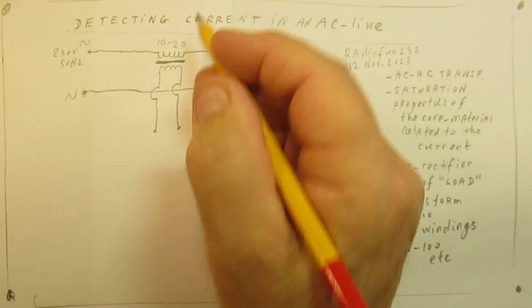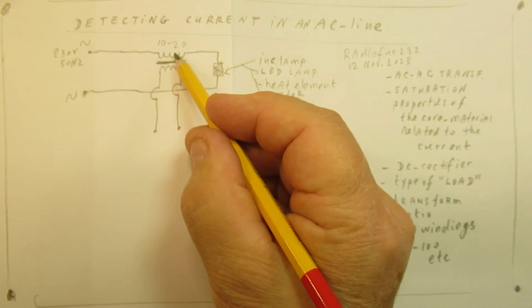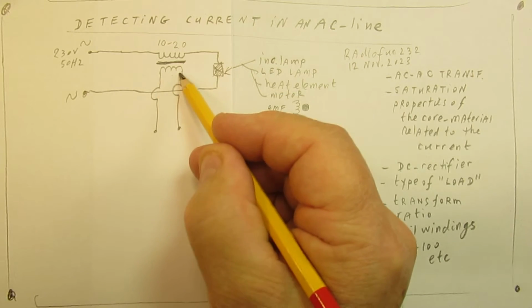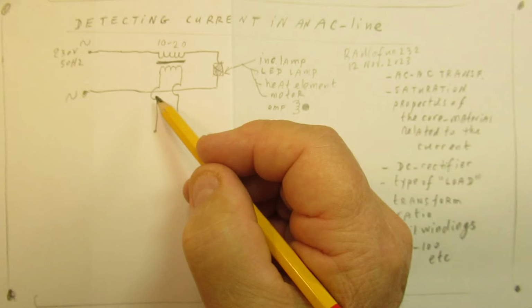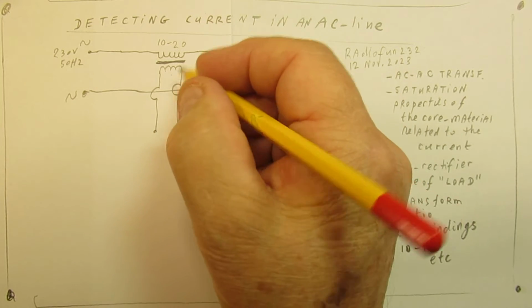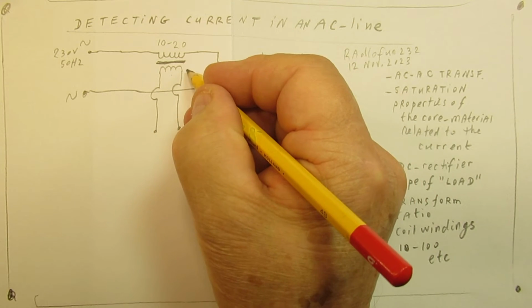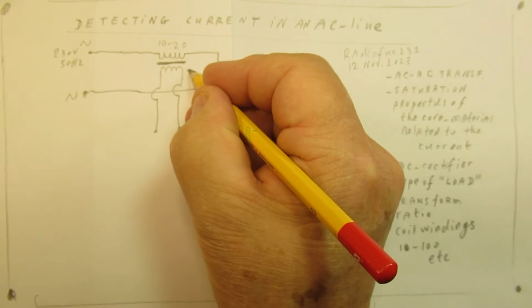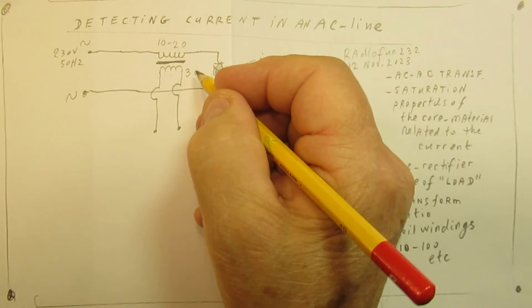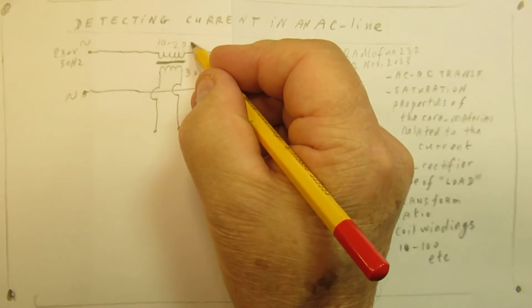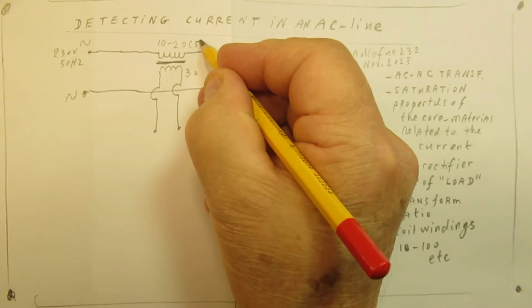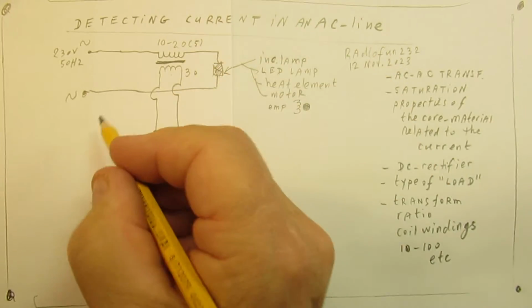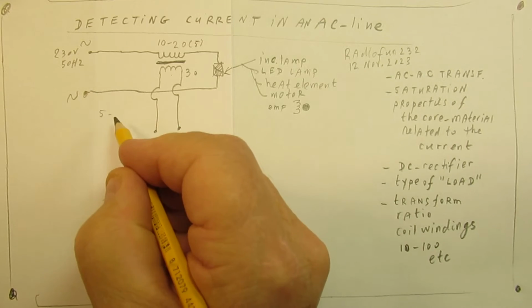And the relation between the number of windings here and the number of windings here is of course important. Say we have 30 windings here, and here we have 5 windings. There is a relation between 5 and 30.